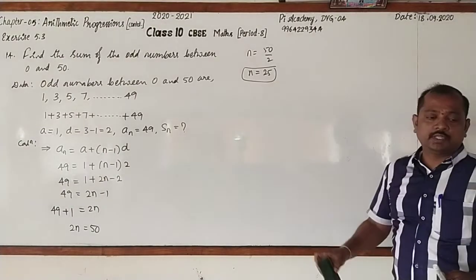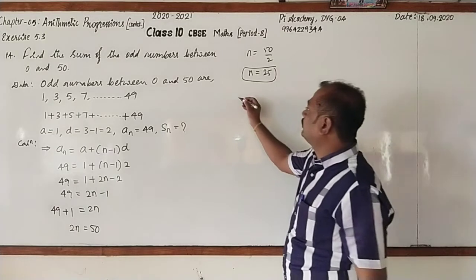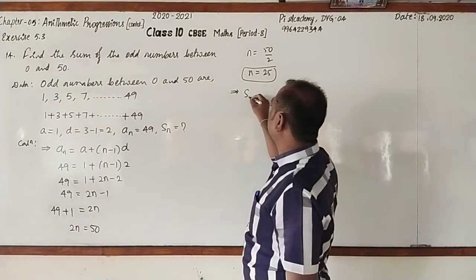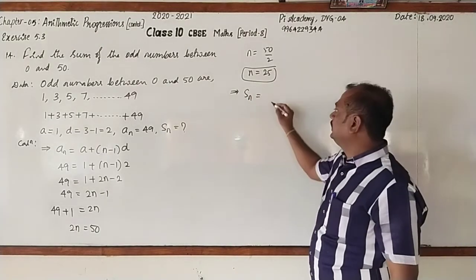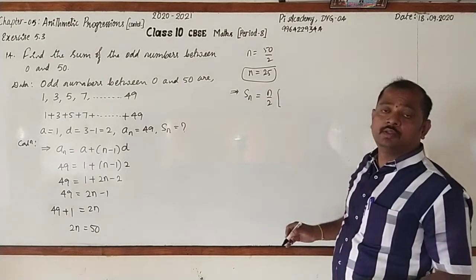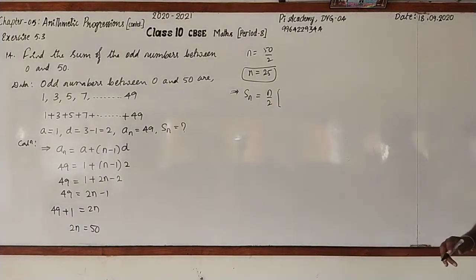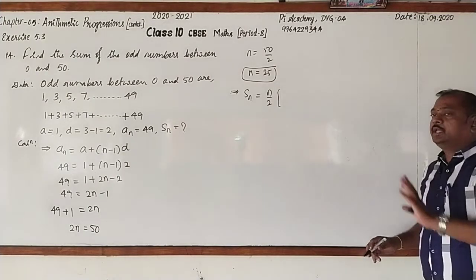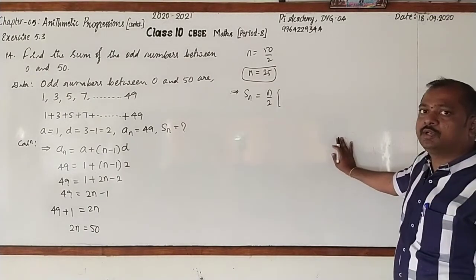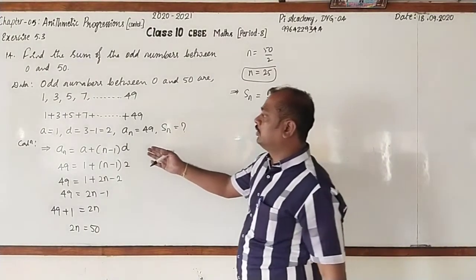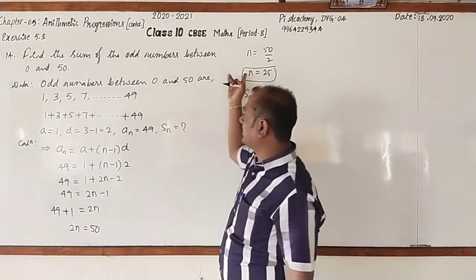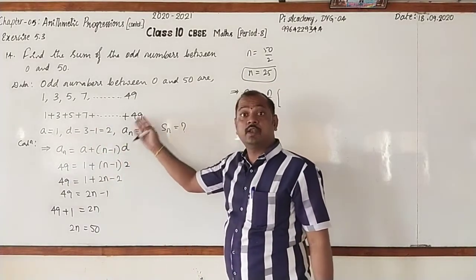Now we have to find out their sum. How to find out the sum? We have to use the formula Sn equal to n by 2 into which one? 2a plus n minus 1 into d or a plus an. Yes. The second one, the reason is we know the first term, number of terms and the last term.